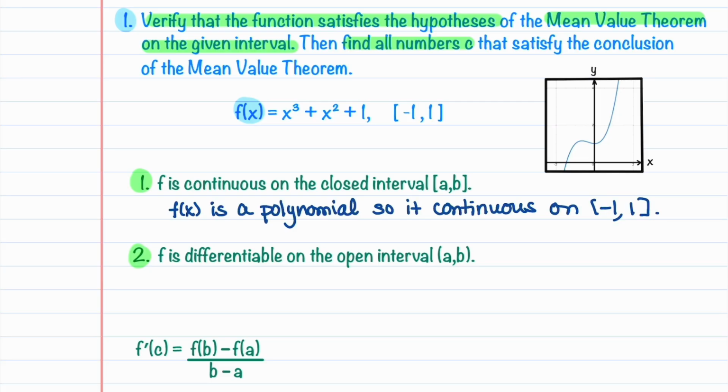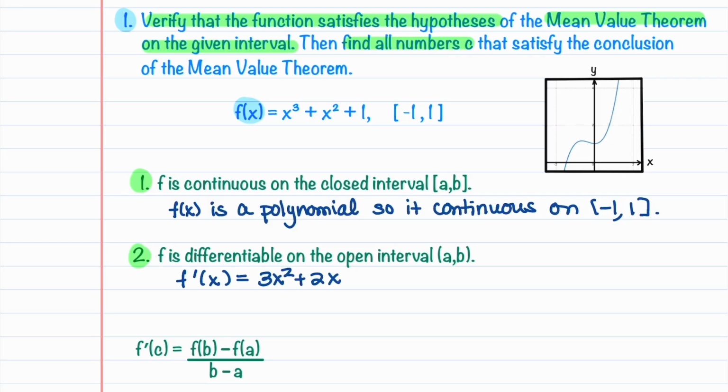Let's now look at the second hypothesis. f is differentiable on the open interval from a to b. It is a fact that all polynomials are differentiable, but let's just go ahead and take the derivative. We're going to need it later anyway. f prime of x is going to be equal to 3x squared plus 2x.